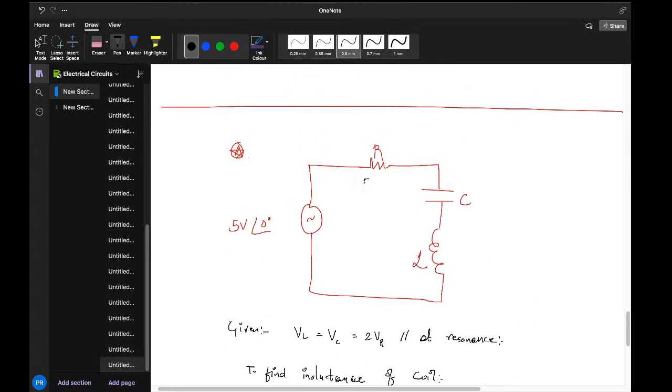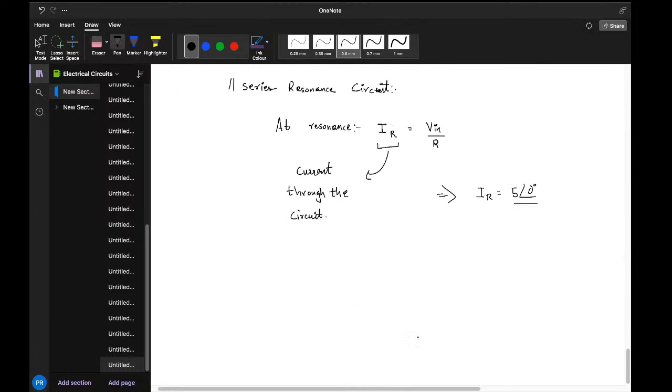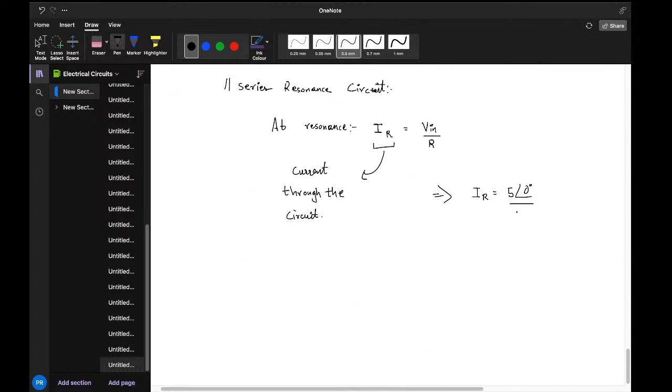Forgot to mention this. It's 5 ohms out here. So let me just write it as 5 ohms over here. Okay, so I R is equal to 1 ampere, with a phase angle of 0 degrees over here.